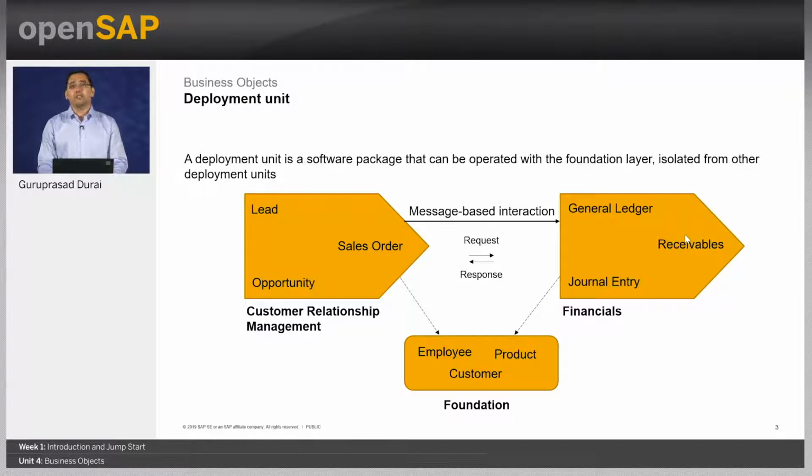Now, let us take a business case. Let us say you have to create a sales order in customer relationship management, and then a message is sent to the supply chain management deployment unit. The order then gets executed, and when an invoice is created, a message is sent from the CRM deployment unit to the financials for the invoice processing.